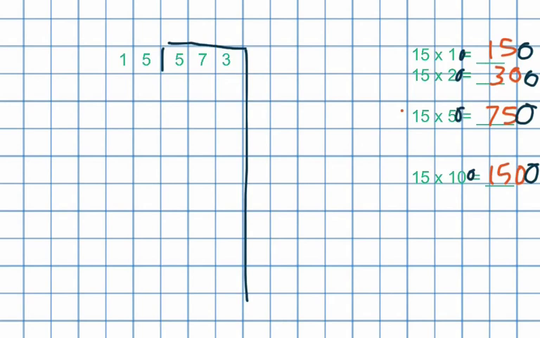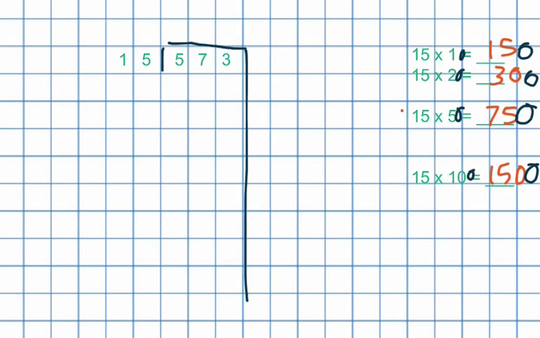All right, now I'm looking at my 3-digit number, 573, my dividend, and I'm seeing what's the largest size chunk I can take out. I know I can take out 150. I know I can also take out 300. Unfortunately, I can't take out 750.